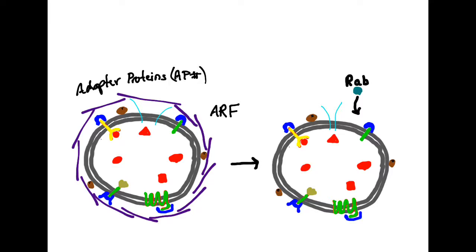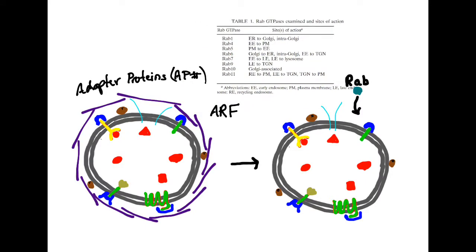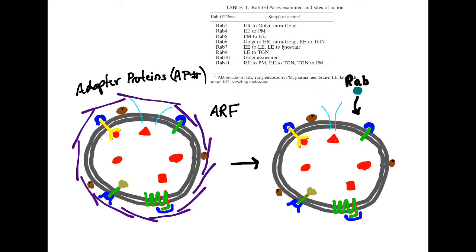So I mentioned that this is a large family of proteins, and what I mean by that is that there are many types of RABs, and the advantage of having a family of proteins like this is that you can use those to determine the specificity of the fusion reaction. So here is a short list. The family is much bigger than this, actually.